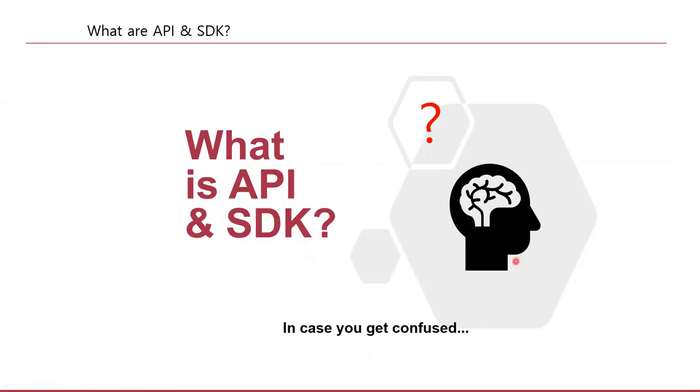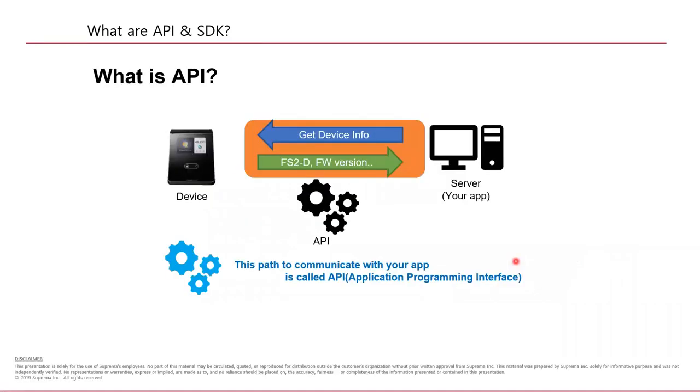Before starting, one more thing, in case you may still have some confusion between these two terms, I'm just going to give you a short overview of what Suprema means by them. I say what Suprema means because from the perspective of other manufacturers, they handle these terms indistinctly, or give them a different meaning. But from our point of view as Suprema, what we mean by API is this path to communicate with your app.